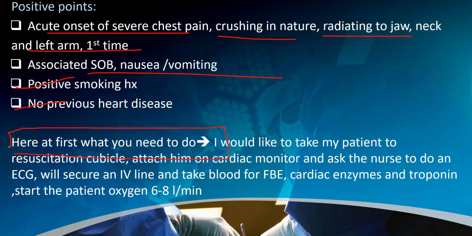Now, it's a very important thing, guys: if you get a patient with chest pain, even in the previous case that we have done, the pericarditis one, as long as you are not sure that it's not an MI, you should always treat it as an MI. What do I mean by that?